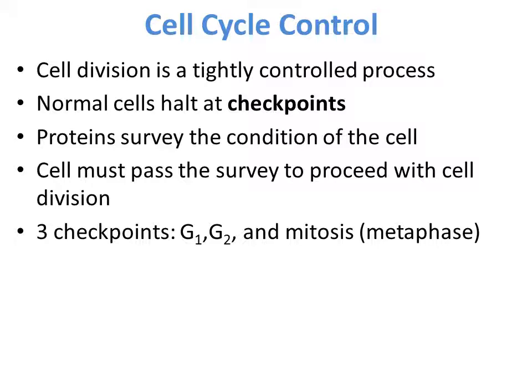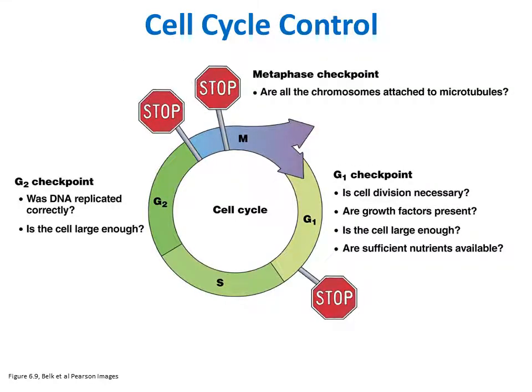We have three main checkpoints in G1, G2, as well as in mitosis. Those are shown here. Our first checkpoint is going from G1 to S. The second checkpoint is in G2 as it's transitioning prior to going into mitosis. There's also a key cell cycle control step in mitosis at the metaphase plate.